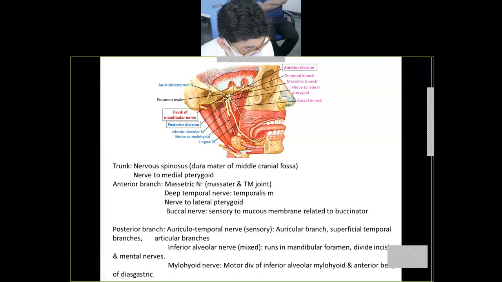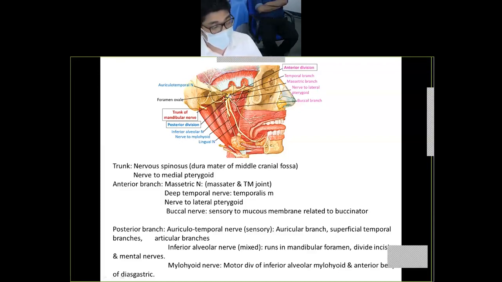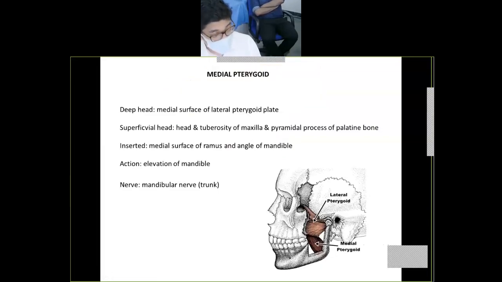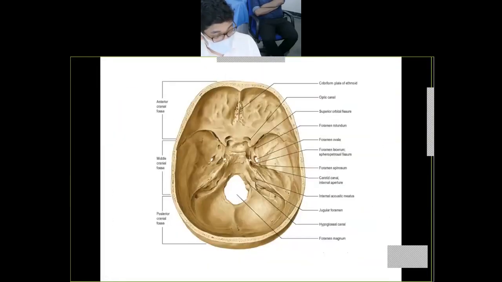From the trunk, there is a nerve which is known as the nervus spinosus or meningeal branch of the mandibular nerve. I think they have not shown here. Now that nerve, the meningeal division of the mandibular nerve, will pass through foramen spinosum and give the supply to the dura mater of the middle cranial fossa.